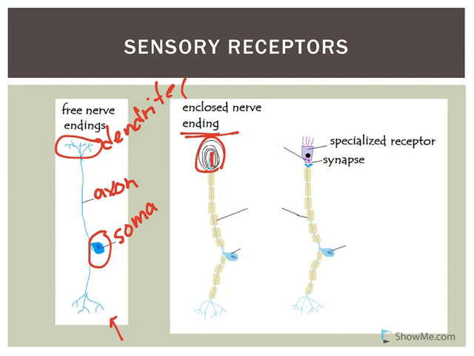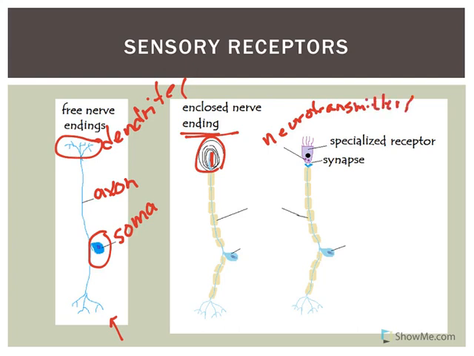The ones with naked nerve endings are not as structurally specialized. They're not necessarily as selective or sensitive. Now the specialized receptors are very specialized. You'll see here that they can often release neurotransmitters. So they're a lot more complex.